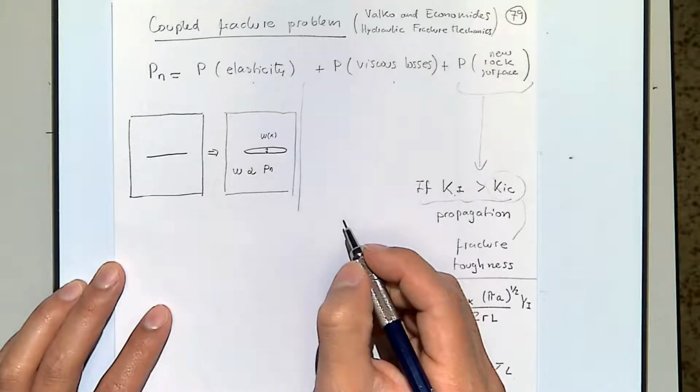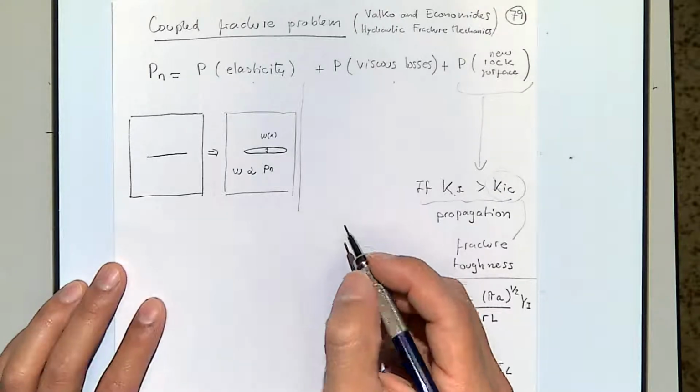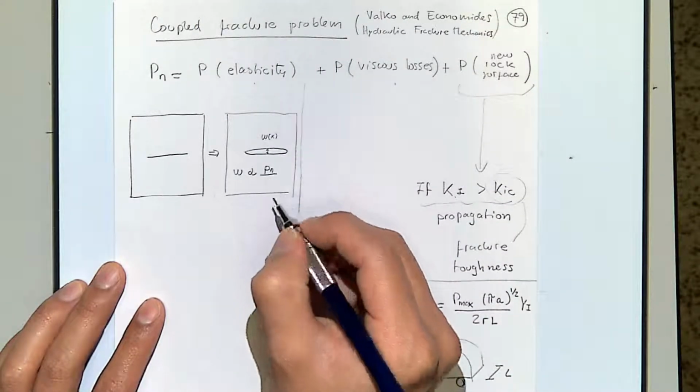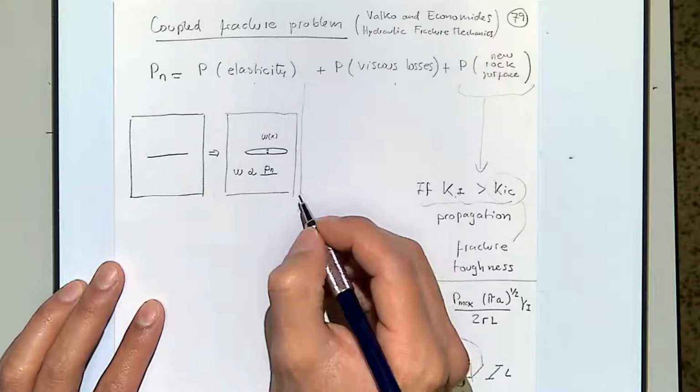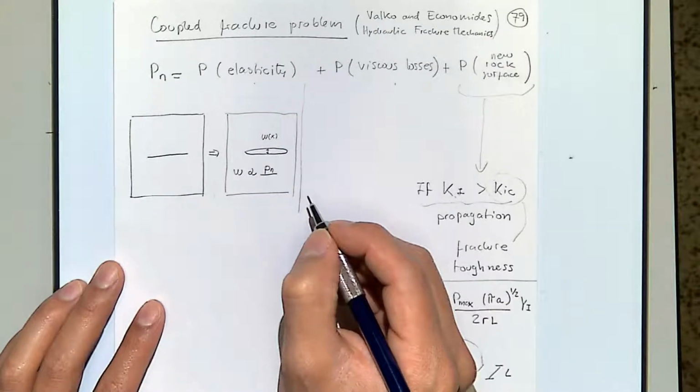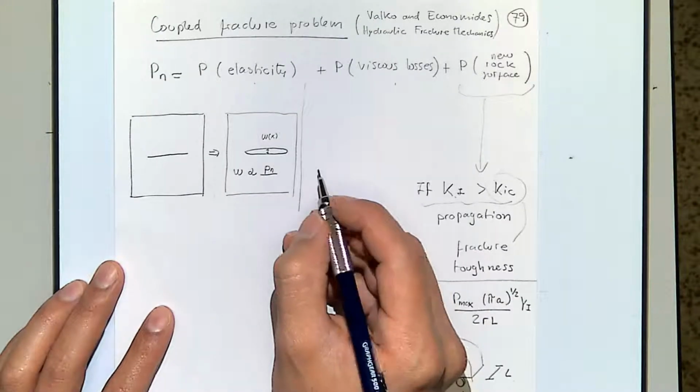The more pressure you apply, the bigger the width is going to be, and it's going to be inversely proportional to, what do you think? What property of the rock is going to make harder the width to open?